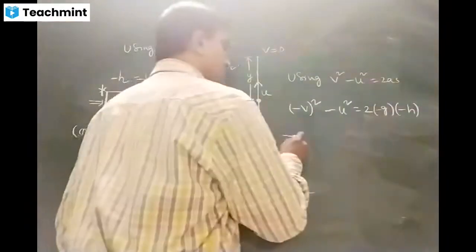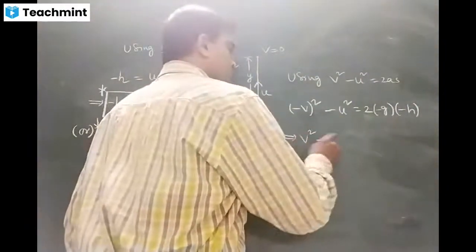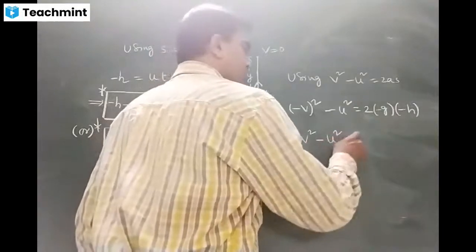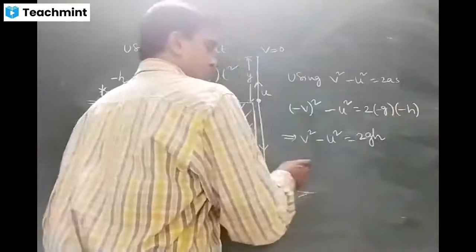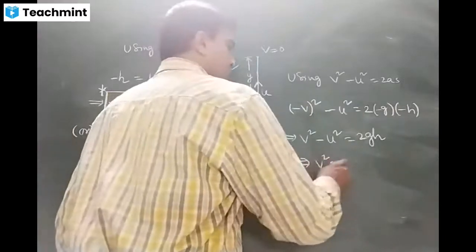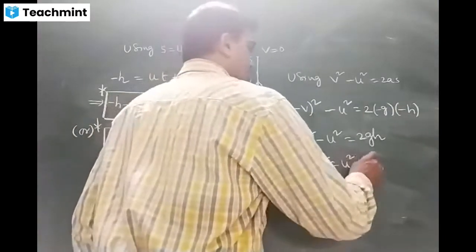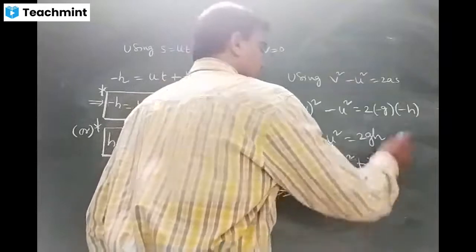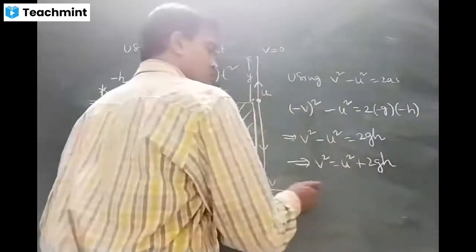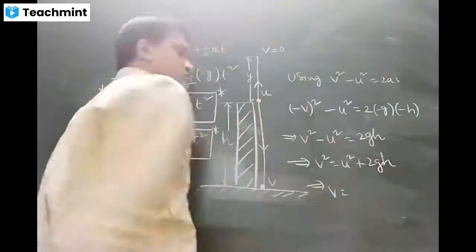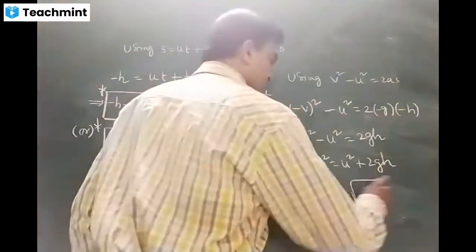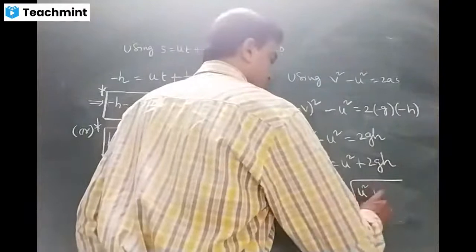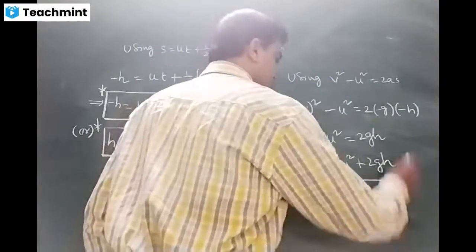So what will I get? v square minus u square is equal to 2gh. From this, v square is equal to u square plus 2gh. Now from this, v is equal to the square root of u square plus 2gh.